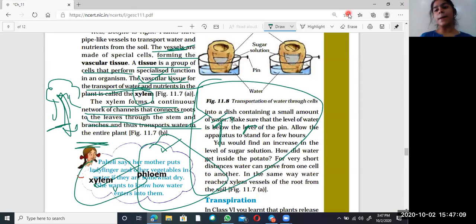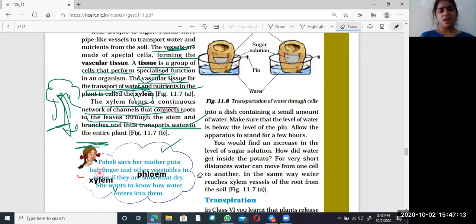It is multi-directional. What do I say that? It transports to every part of the plant. कौन सा tissue? Phloem. And कौन सा tissue unidirectional में only one direction में जाता है? Xylem. Okay.